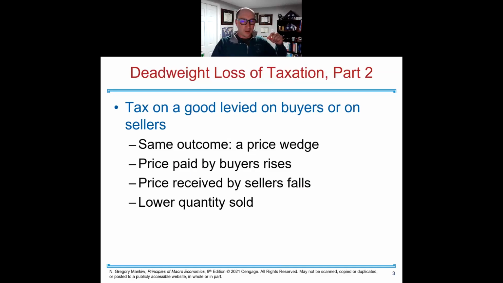And the price received by the sellers falls, meaning the retailer only receives the sale price. They take that sales tax and they remit that to the tax agency. It's like a pass-through.